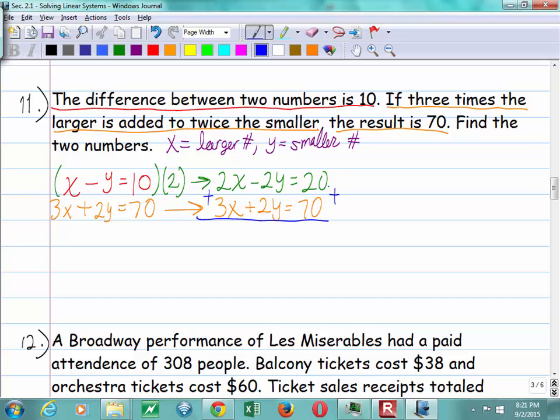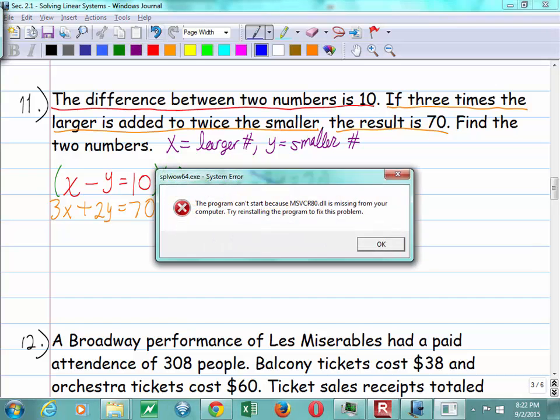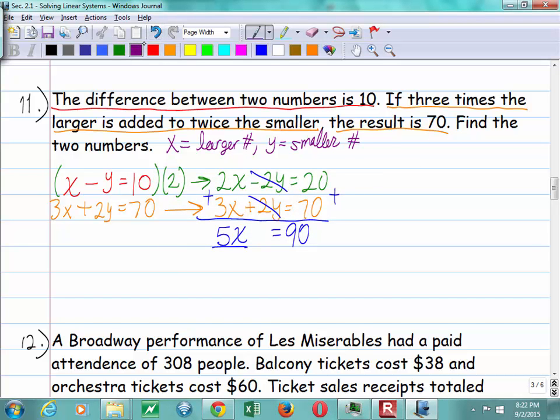So 2x plus 3x is 5x, negative 2y cancels out with positive 2y, and 20 plus 70 is 90. So then just divide both sides by 5. So x is equal to 18.